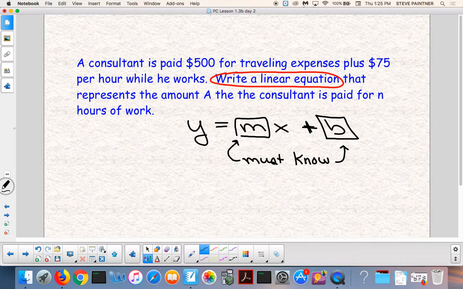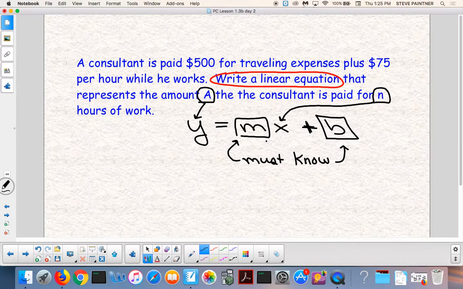Well, he works. Write the linear equation right here that represents the amount A the consultant is paid for N hours of work. What replaced what here? A did replace Y. Okay. What replaced X? N. Okay, there you go.